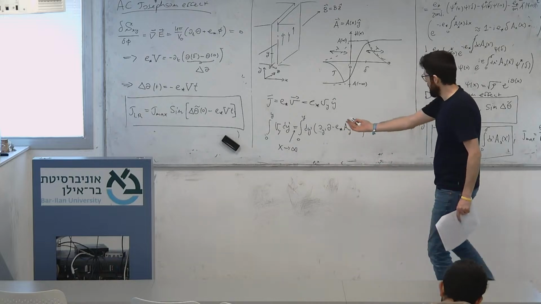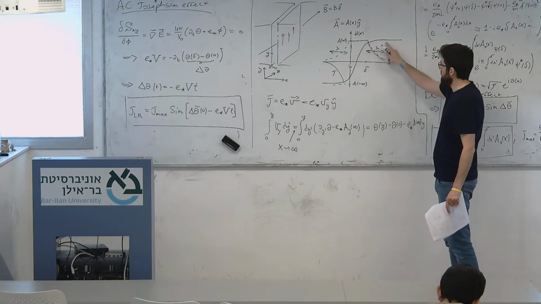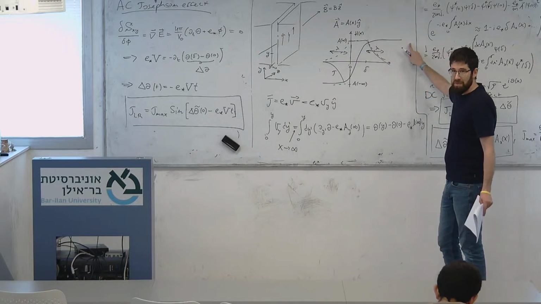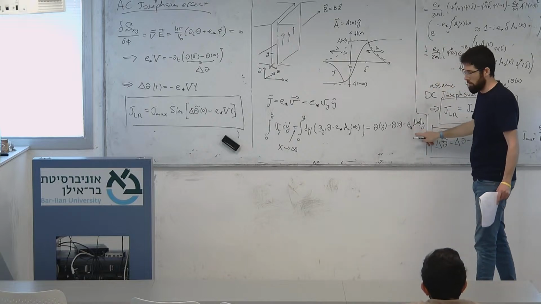So why did I go deep inside into the superconductor? Because like we said before, here because B is 0, A is constant. If A is constant, then I can do this integral easily.